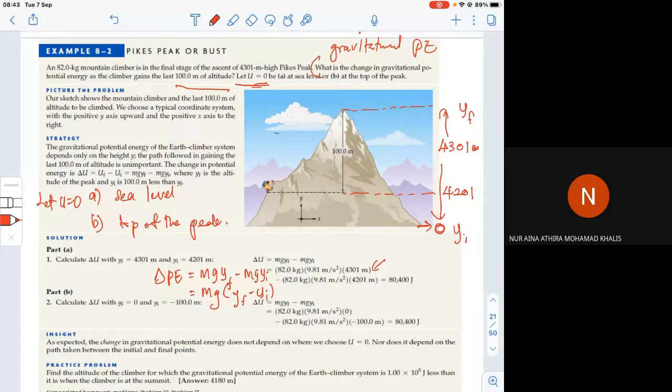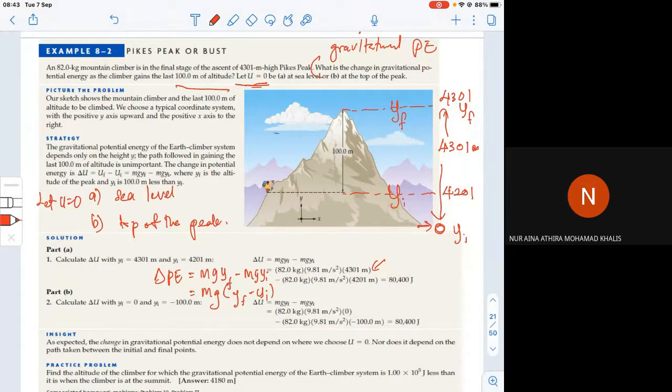Maybe you can take the climber's point of view. So 4301 and 4201. We take y final here in the first place, and of course this is y initial based on the sea level, meaning potential energy 0 near sea level.